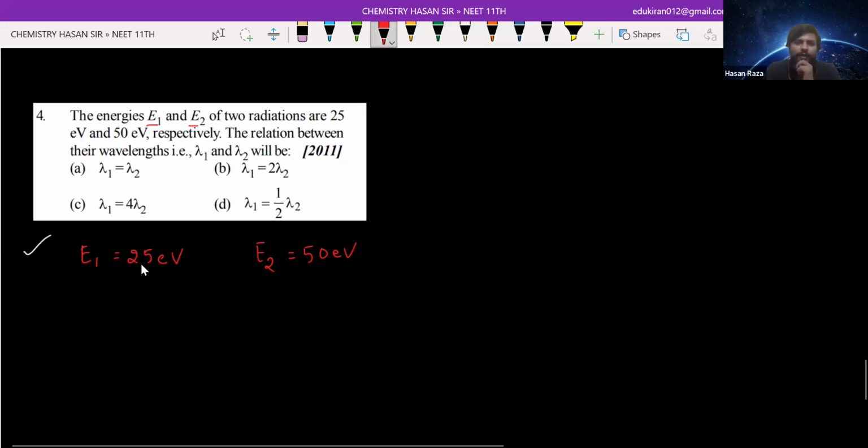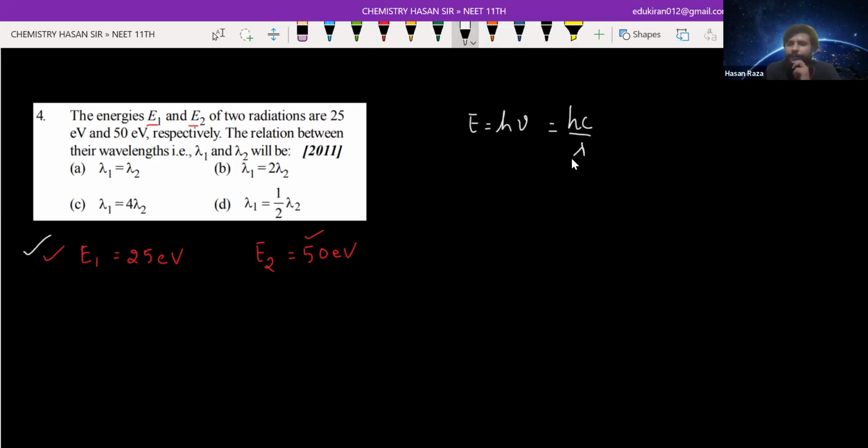So E1 is given 25 electron volt, E2 is given 50 electron volt. You have studied Planck's quantum theory, E is equal to h nu, which is equal to hc upon lambda, right? Yes, sir. Lambda 1 corresponding to E1 and lambda 2 corresponding to E2. Now E1 is equal to hc upon lambda 1 and E2 is equal to hc upon lambda 2.